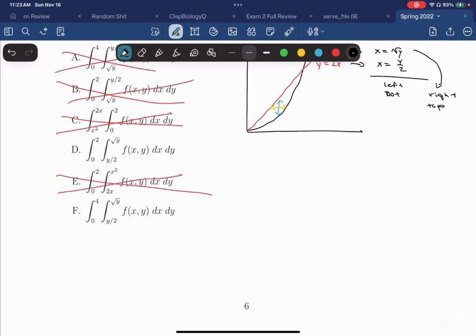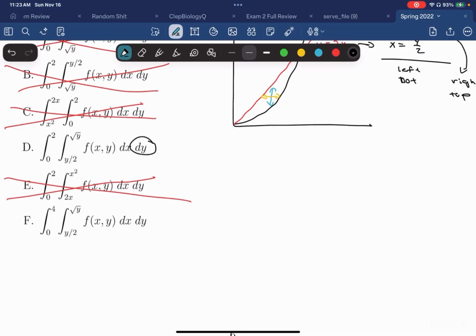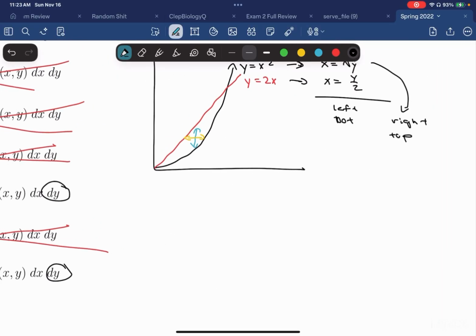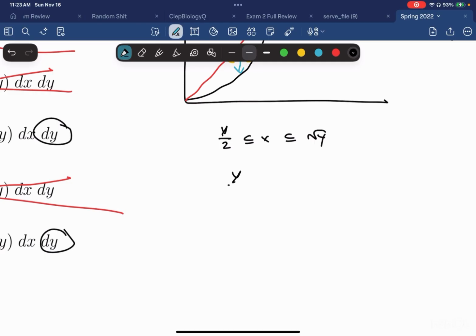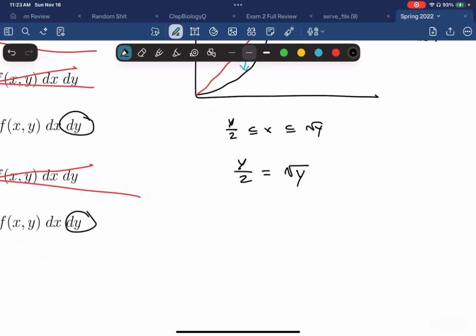So now we have to evaluate our dy's. So how do we do that? Well, now we know that our bounds go from y over 2 to square root of y, which means that in this case, y over 2 is also just equal to square root of y. Why? Well, because there's the less than or equal to signs right there. Emphasis on the equal to.